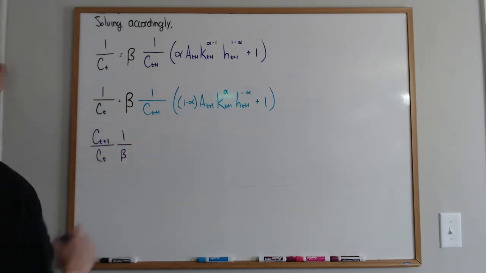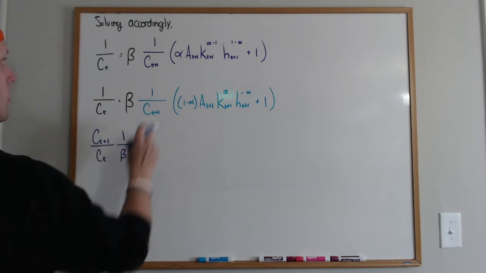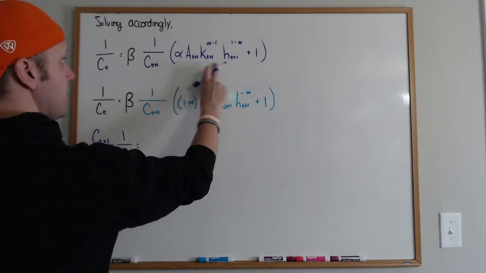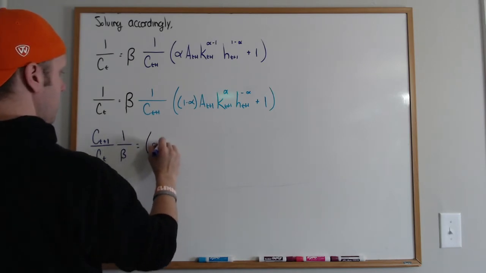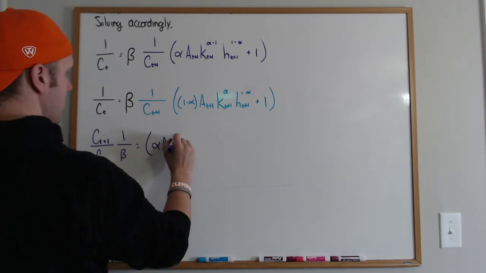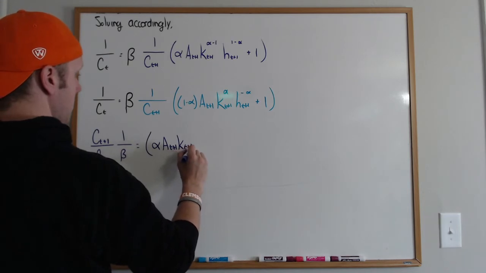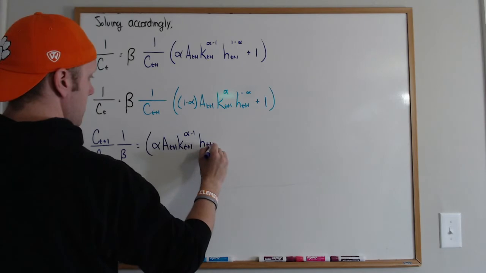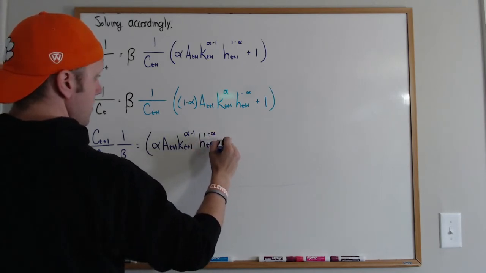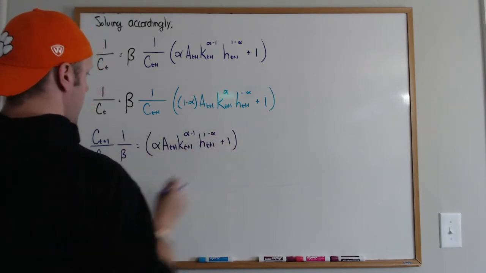I get 1 over beta. And that's equal to the marginal product of physical capital plus 1. Like that.